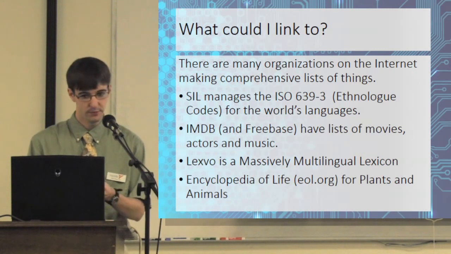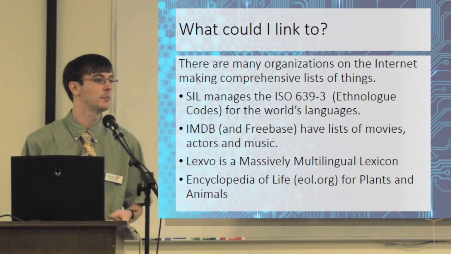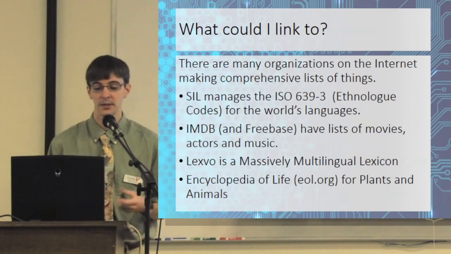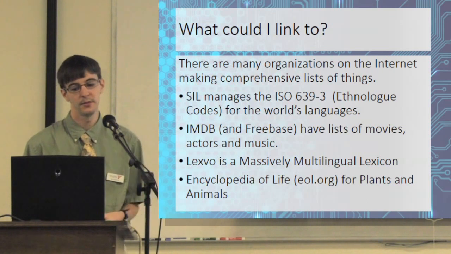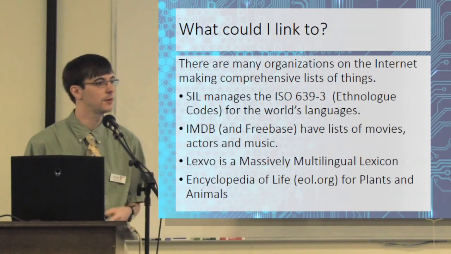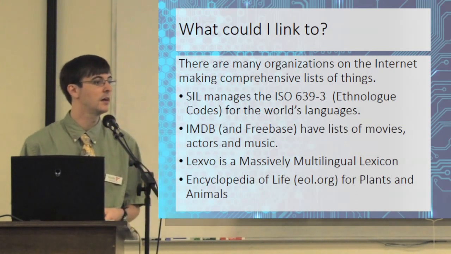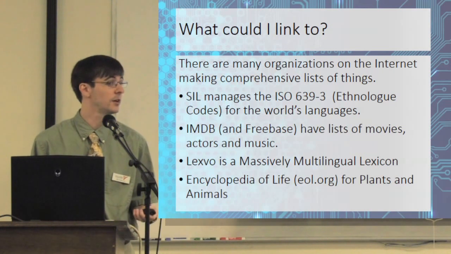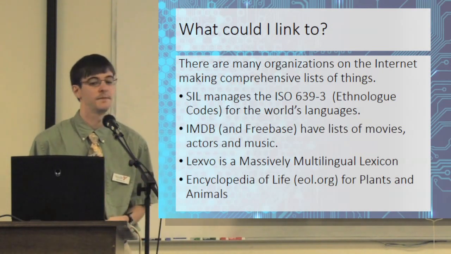So you're not going to mix up this movie with its remake because the years are there. Lexvo is a massively multilingual lexicon, and also there's the Encyclopedia of Life that I just found recently that is an open list of plants and animals with specs and data about that creature. It's very interesting. You could point to that one and say, I'm talking about this exact species right here.